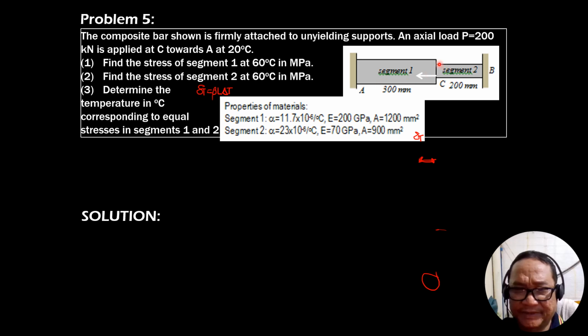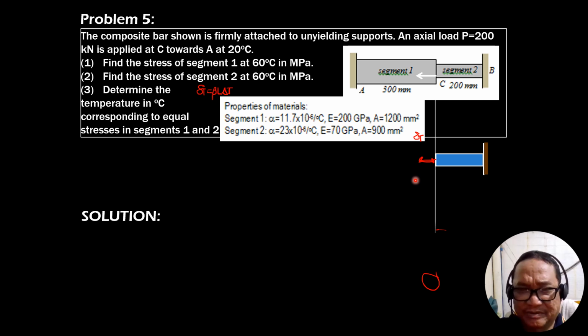First we draw lines to locate segment 2, and this is the applied load P here of 200 kilonewtons, which is applied at C towards A at 20 degrees Celsius. Because of that load, it will stretch as shown. So that's the initial level.